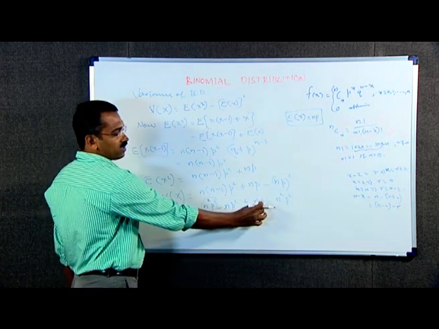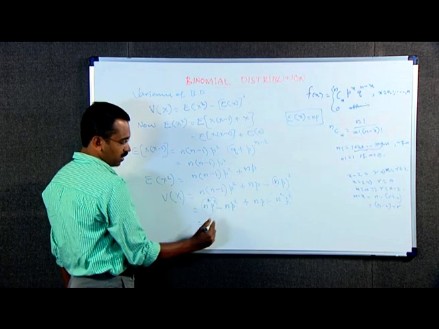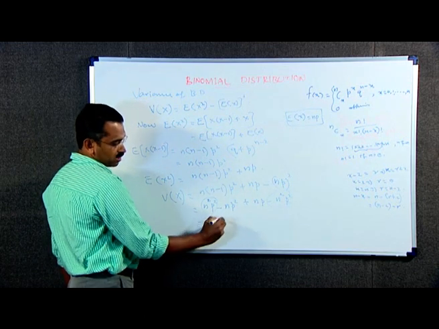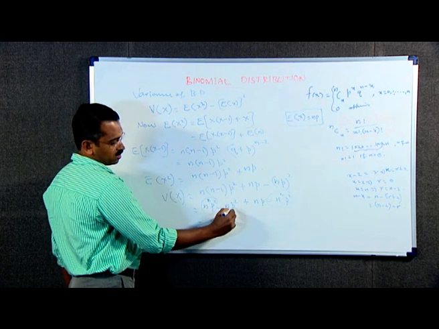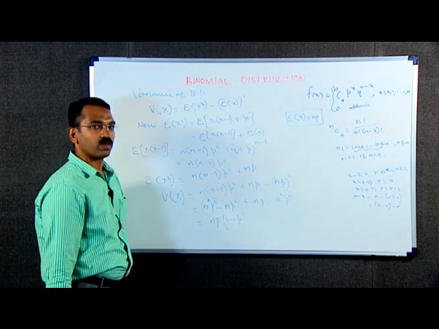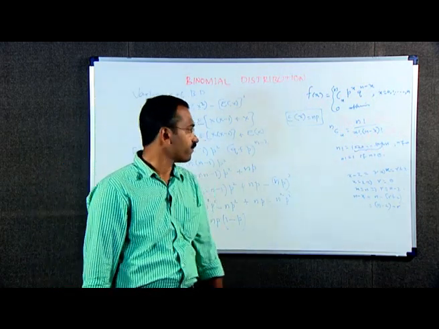Here we can take np in common. Therefore, this is equal to np into 1 minus p.